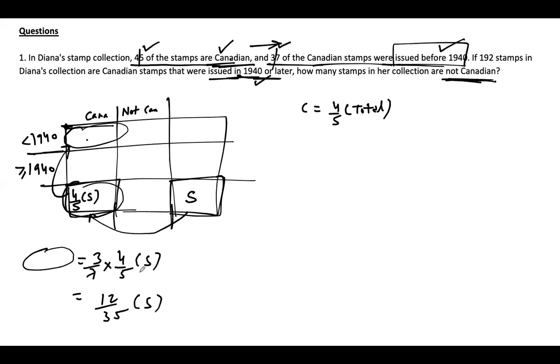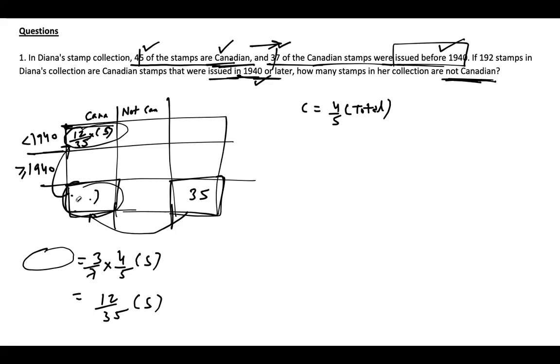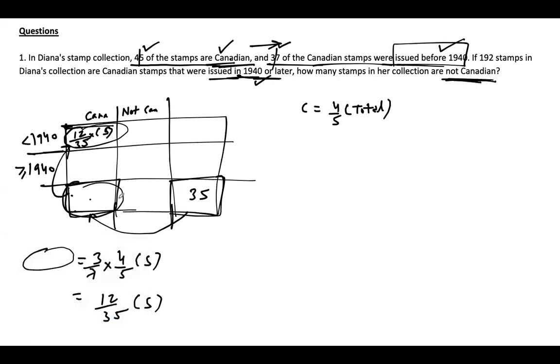Now, if you were to assume a smart value, this is 4 by 5 into S, and this value is 12 by 35 into S. So what smart value of S can you assume? A multiple of 5. 35. So if you are assuming S to be 35, what will this value be? 4/5 of 35. 1 by 5 is 7, so 4 by 5 is 28.